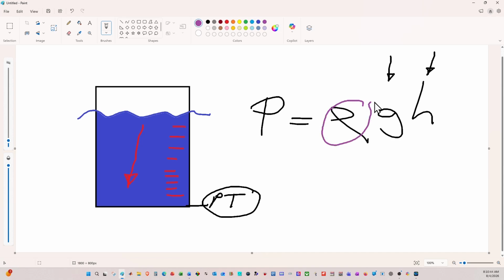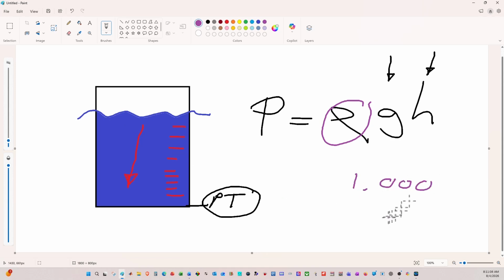Now, we usually are going to work with a specific gravity. And that means if I was to take, for example, a liter of water and weigh it, it's going to weigh 1,000 grams or 1 kilogram. If I was to take the same volume of oil and weigh it, it's going to weigh 870 grams. So my 1 liter of water is going to have a specific gravity of 1.000.